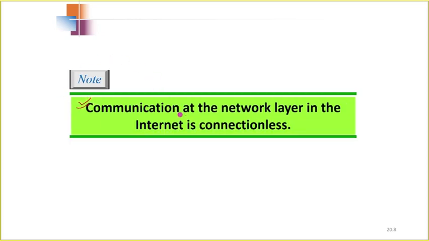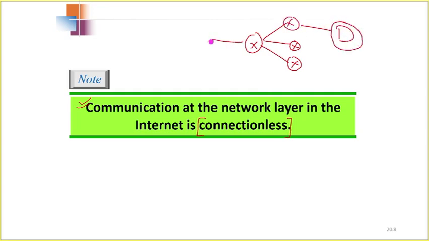And the communication at the network layer in the internet is connectionless. Because the data is in the form of packets, these packets are transferred in all directions. If a router is connected with some different routers, and here is the destination and here is the source, and a packet is sent, this packet will not go through a set path only.